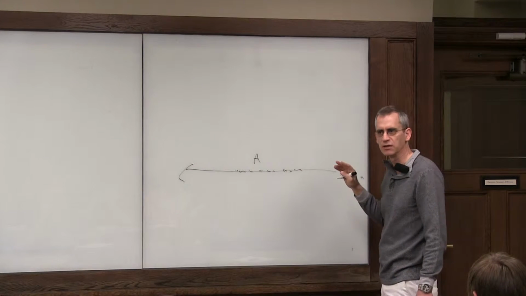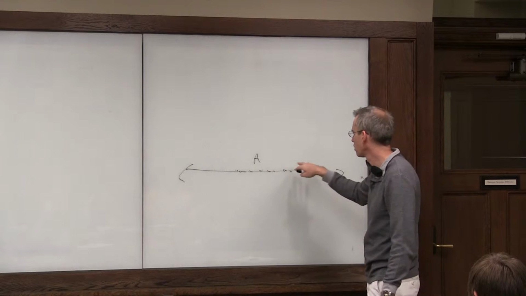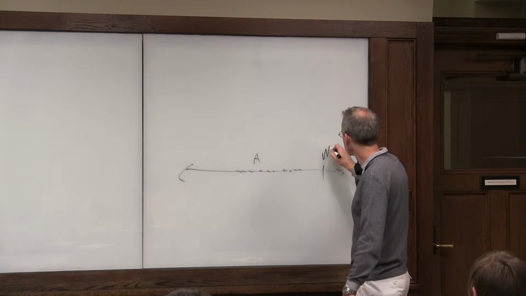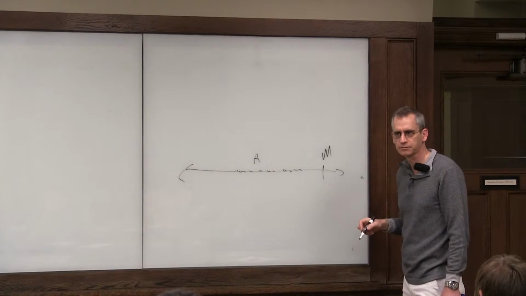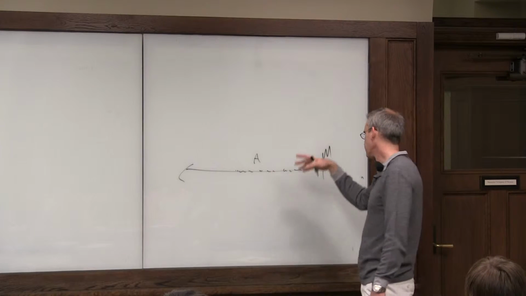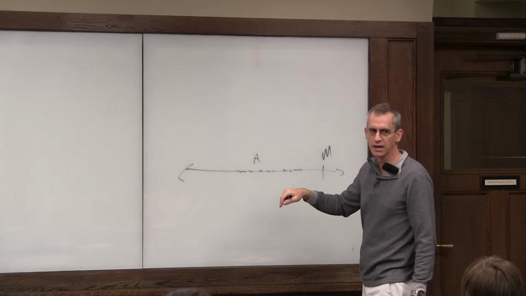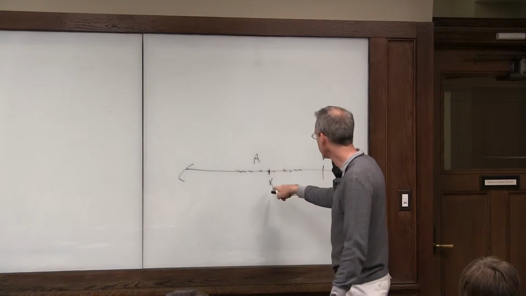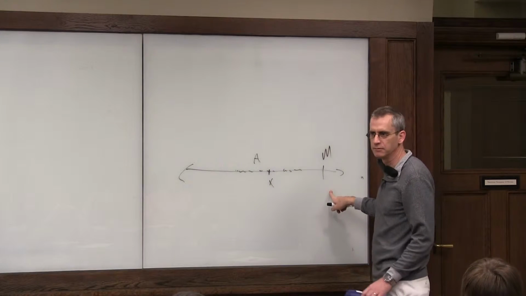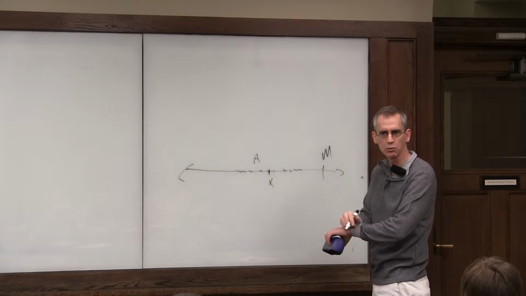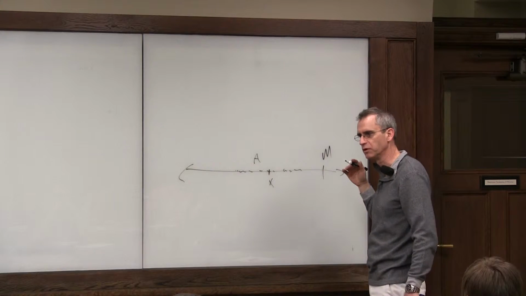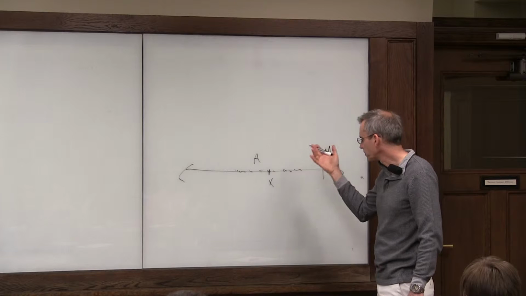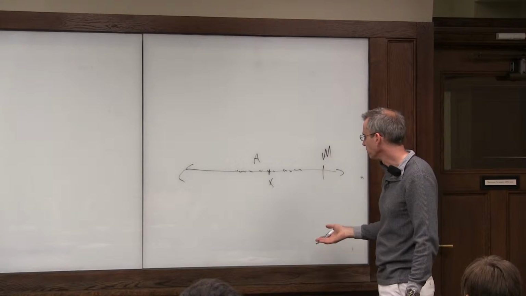So you shouldn't think of sets that way, but I'll usually draw them like this. The picture is that there's your M, and in the picture, of course, it just means it's to the right of everything. But what it means according to the definition is that if I pick any x in here, x is less than or equal to M. The usual left and right business still works here. The picture is still the way you would have thought of it before, but you're going to have to prove stuff by writing things down.